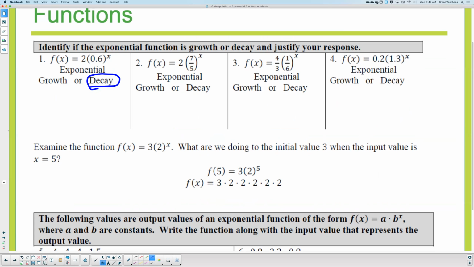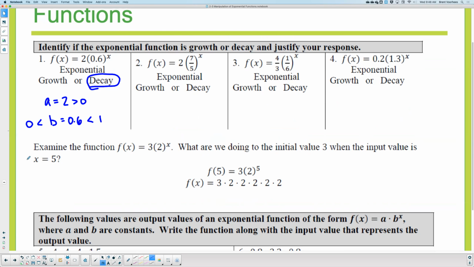What can you tell me about A? A is 2. And is 2 positive or negative? So the symbol for positive is greater than 0. A is positive, and what is our B value? 0.6, which happens to be less than 1, but it's greater than 0, which by rule needs to be.